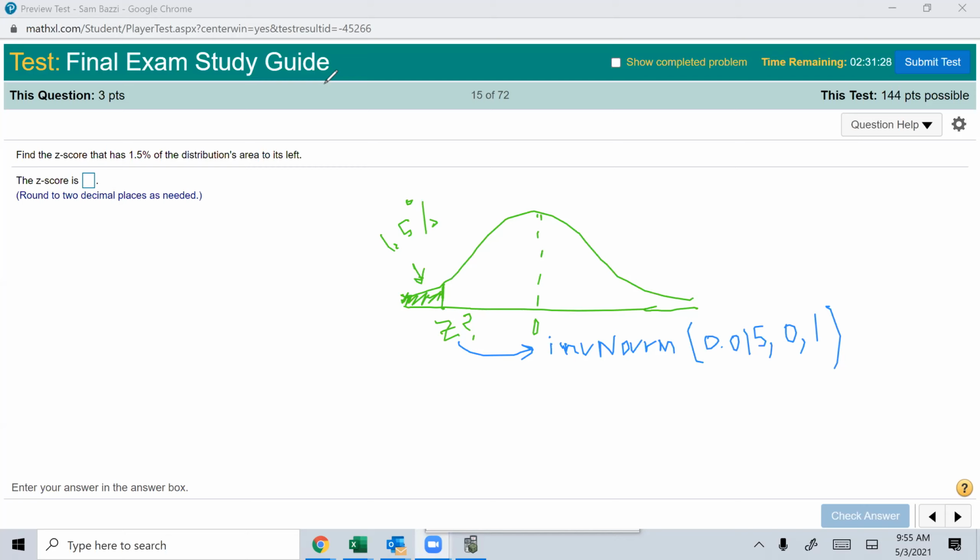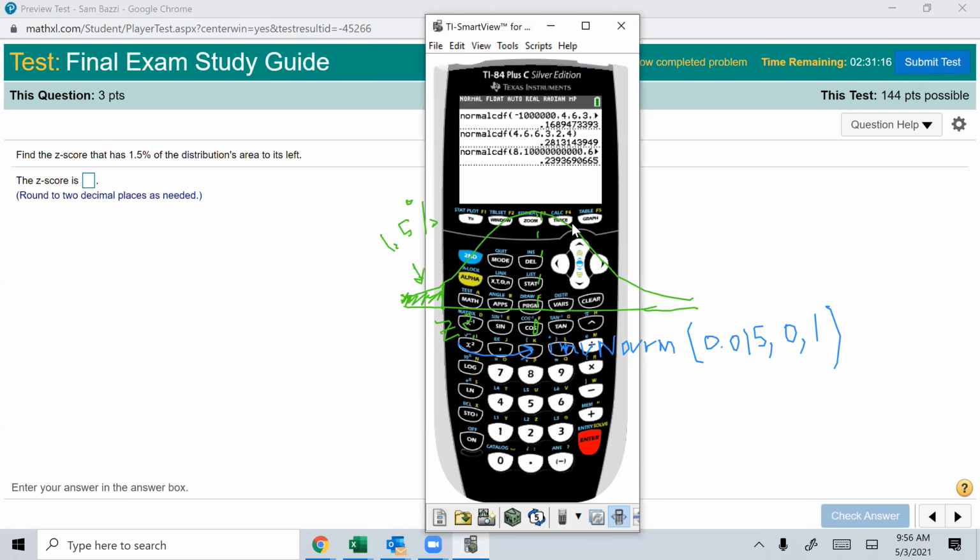Okay, just one second, bring the calculator. So you go to second, variables. It's the next one, guys. It's inverse norm, area 0.015.